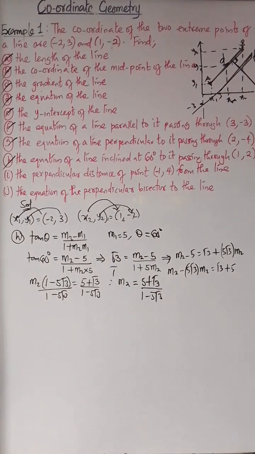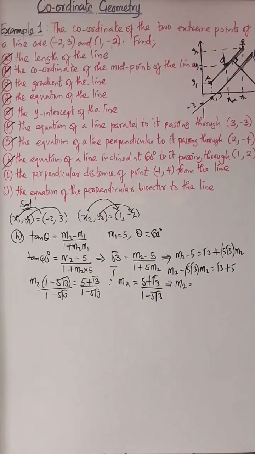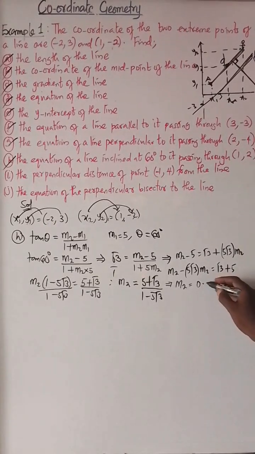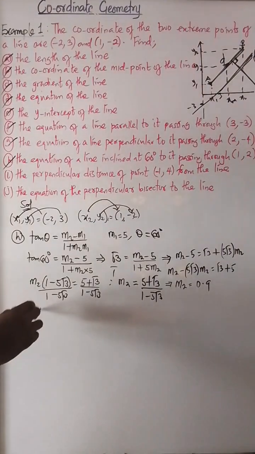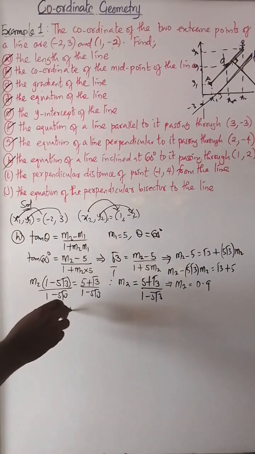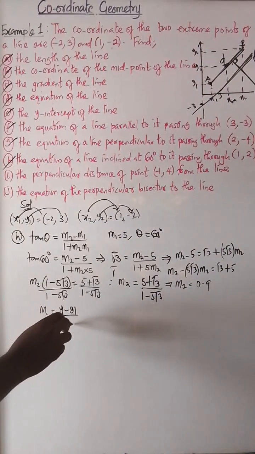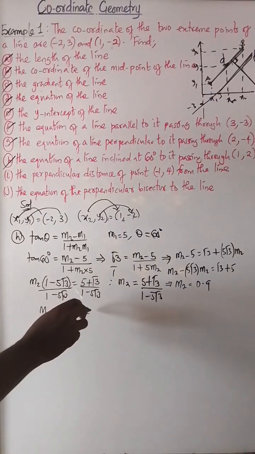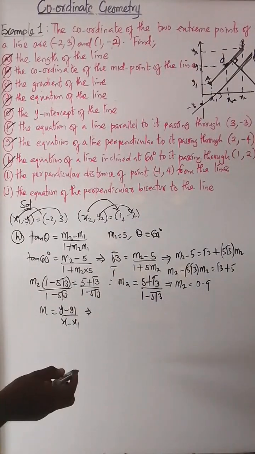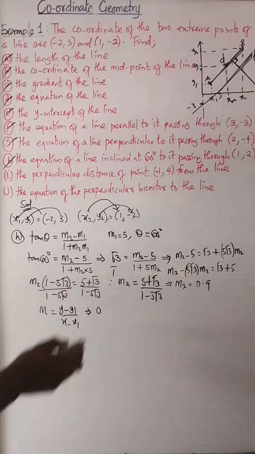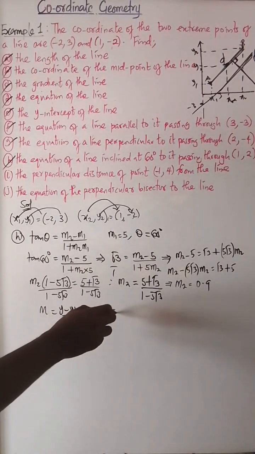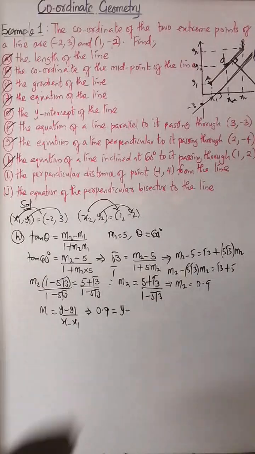Let's try to write our answer in decimal. To one decimal place, the gradient of that line is going to be 0.9. So to get the equation of the line, in the same way, use m equals y minus y1 over x minus x1. What's our m now? 0.9. Should we write it in fraction? Let's leave it as 0.9 because it's an appropriate value. y minus, what is y1?